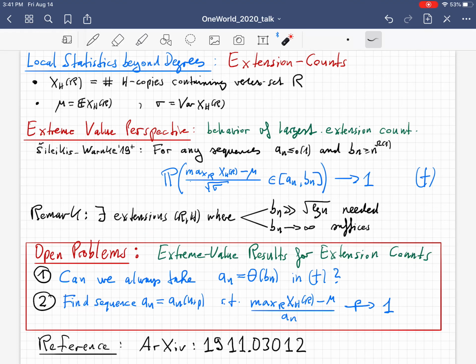Can we find a sequence a_n so that this entire expression converges in probability to 1? I think this would be really nice to understand, and I think this is something where some tools and techniques from extreme value theory could be brought into play.